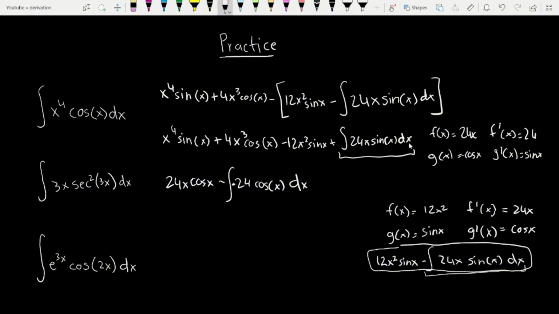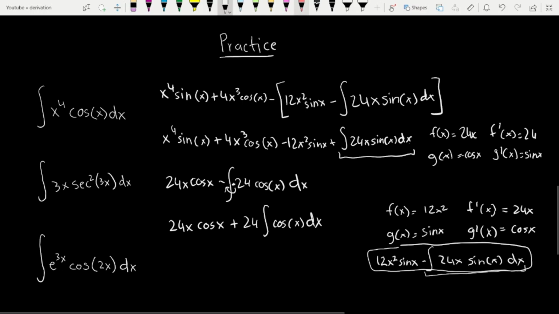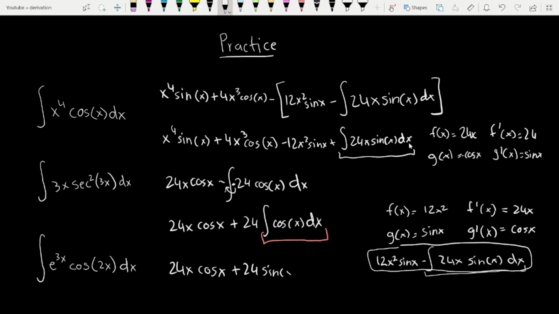Right, so that I can simplify, take that negative 1 out over there, so that's going to be 24x cosine of x positive 24 cosine of x dx. And this integral right here is actually a general integral, so I can solve it without using any techniques. And so this is going to be 24x cosine of x plus 24, and that cosine x is just going to become sine x. Okay, that's my final answer.